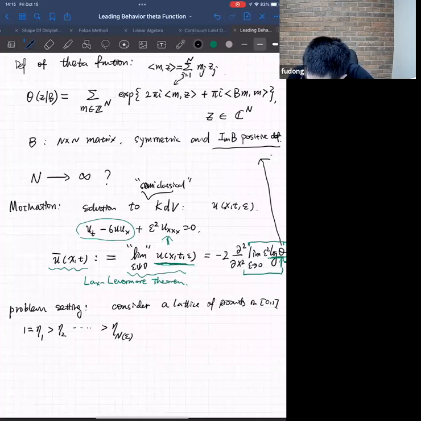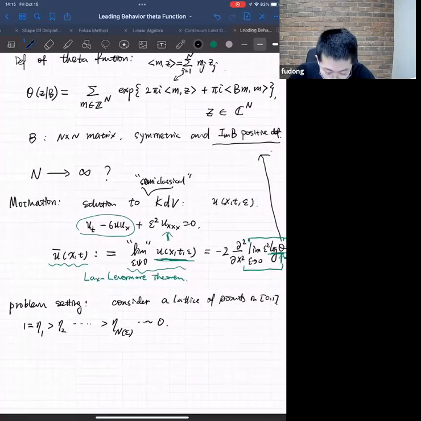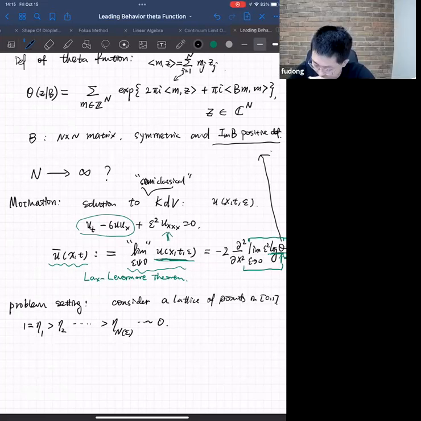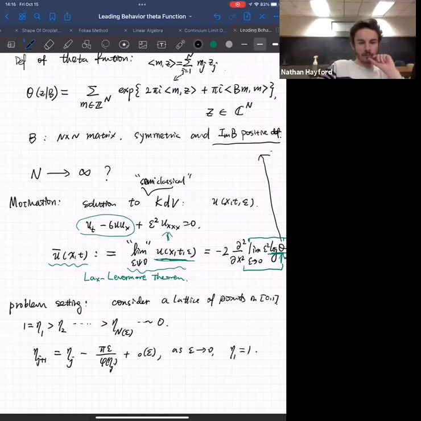Now this n depends on a small parameter epsilon, which will also go to 0. And there's a density function to control the distribution of this lattice. That's defined as follows: minus pi epsilon over phi eta j plus little epsilon as epsilon goes to 0, and eta 1 is 1.